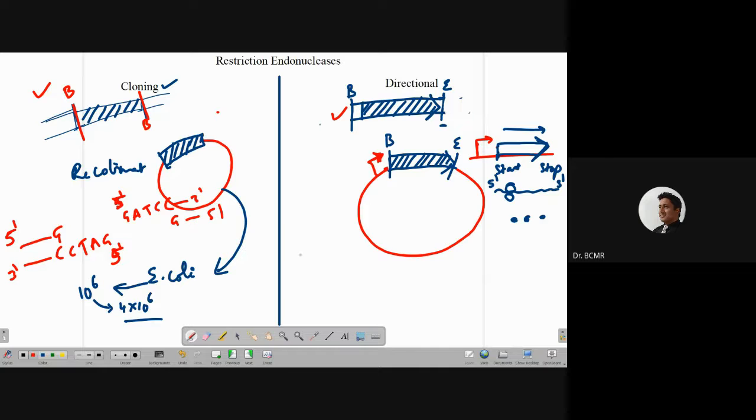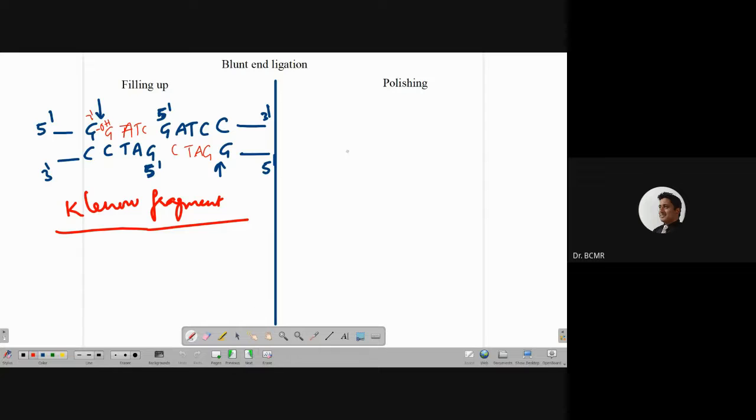In some cases, the restriction endonuclease sites are not matching, and still you have to clone in a directional way. Those will need us to try to use all the tools and see. Right now, I'll make a problem and I will send it to you so that you can practice with that. So this is filling up using Klenow fragment.